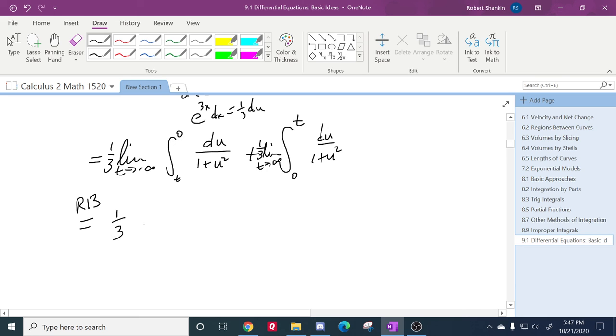So this is 1/3 limit as t approaches negative infinity.